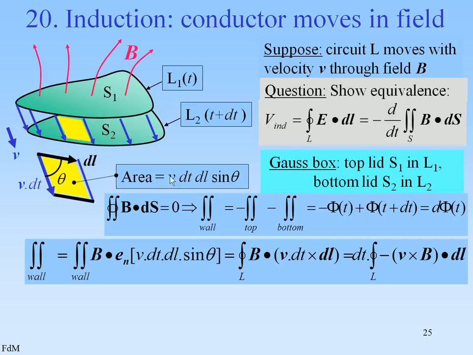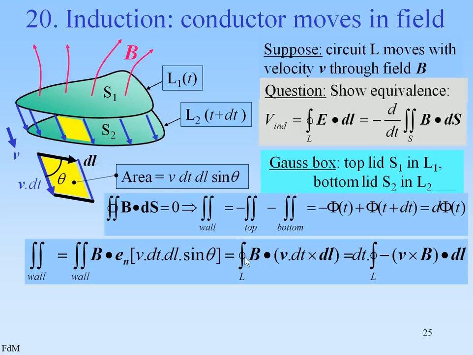This is the area. And so we can write for the integral over the wall B times en, the normal vector on that wall element, times ds, and ds is v times dt dl sine theta. E times en is the normal vector on that wall element times that wall element itself.